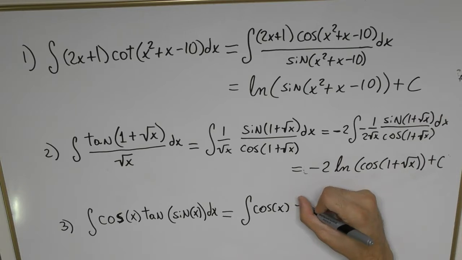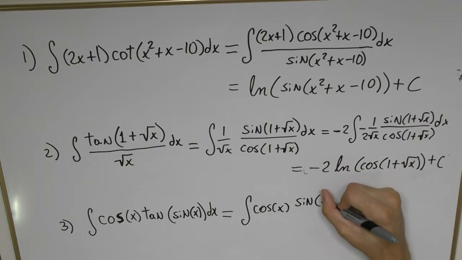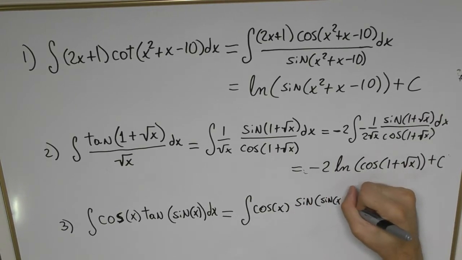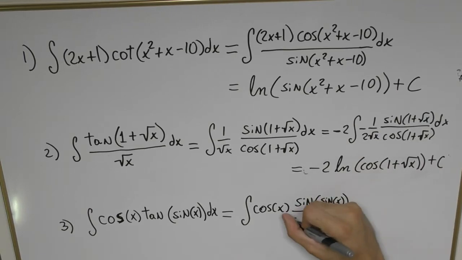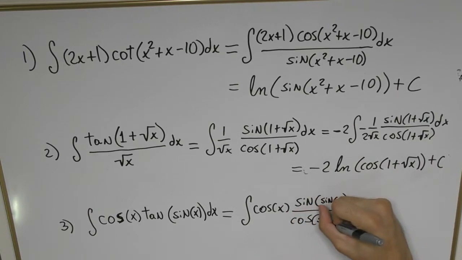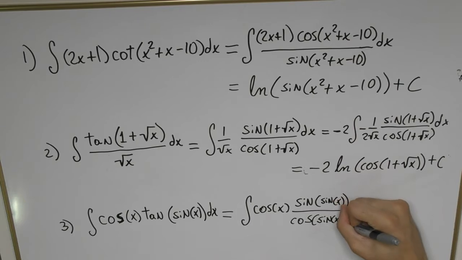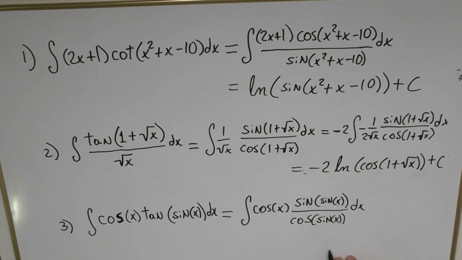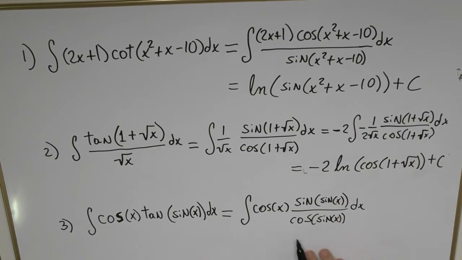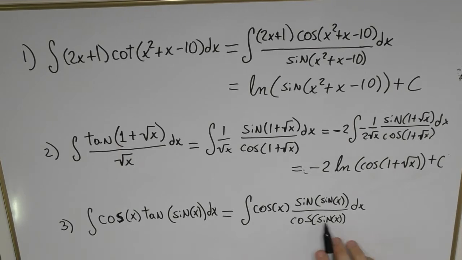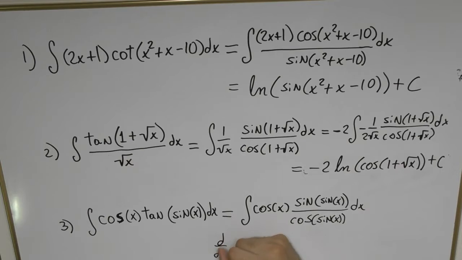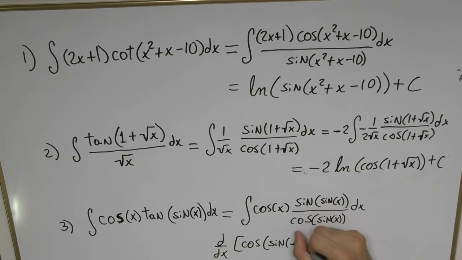Let's replace the tangent function by a simple sine over cosine. So we have sine of x divided by cosine of x dx. And now we're going to test whether the denominator differentiates into the numerator. So let's start off with the derivative of that function. We have cosine with sine of x as its argument.